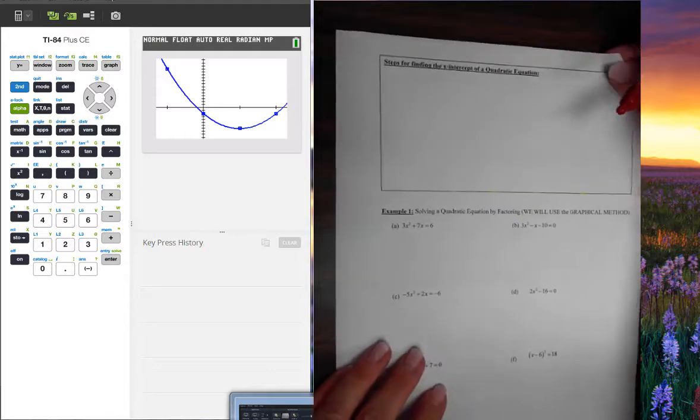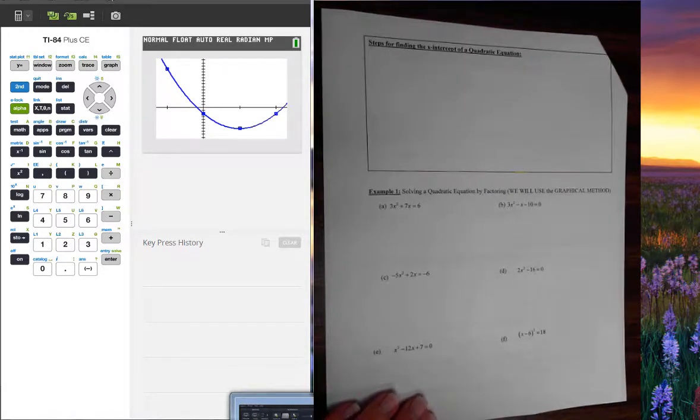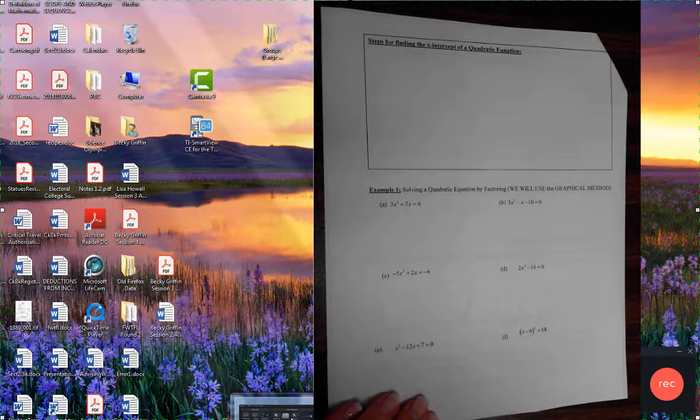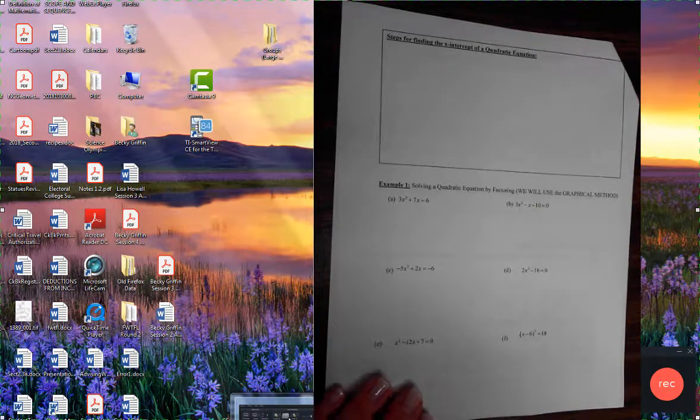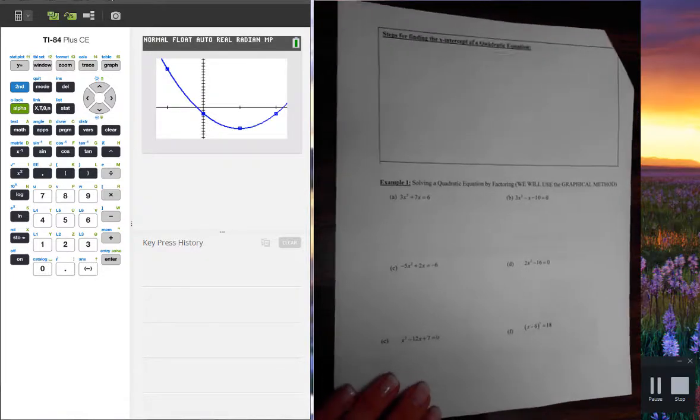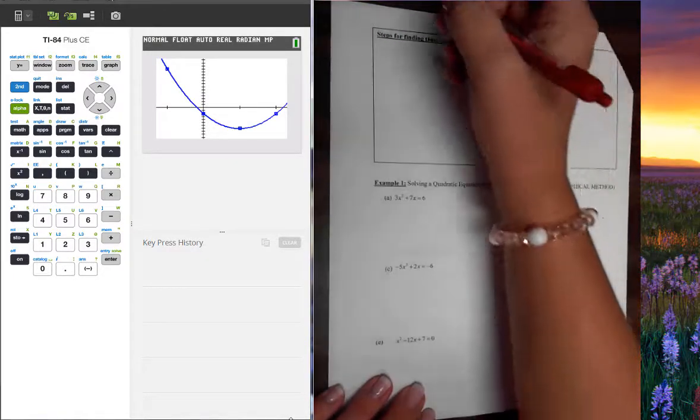So to start off with, let me see if this is lined up. Here are our steps.